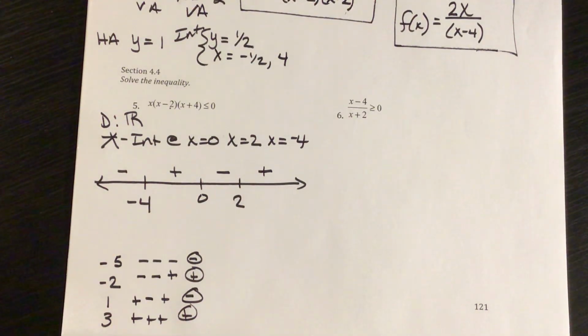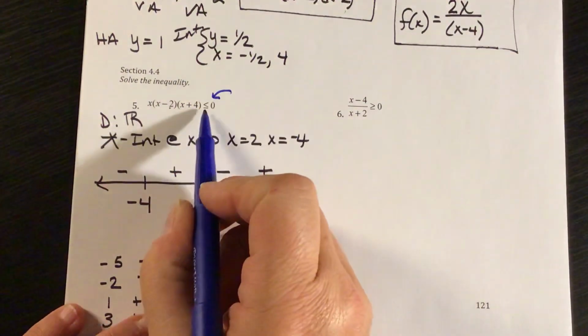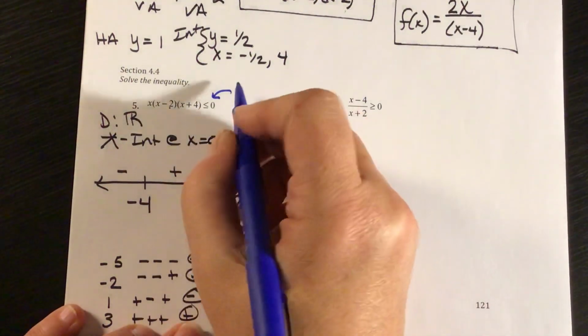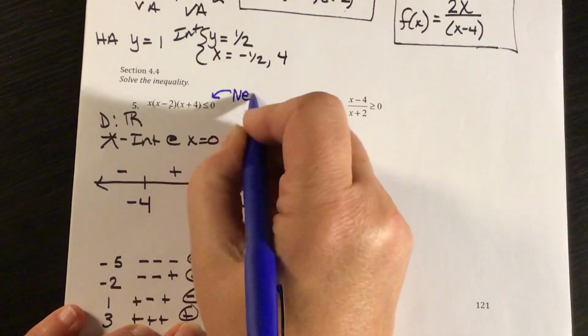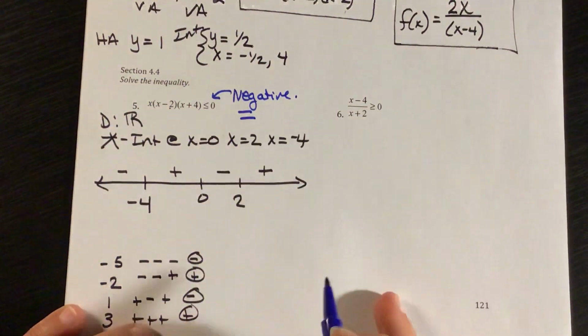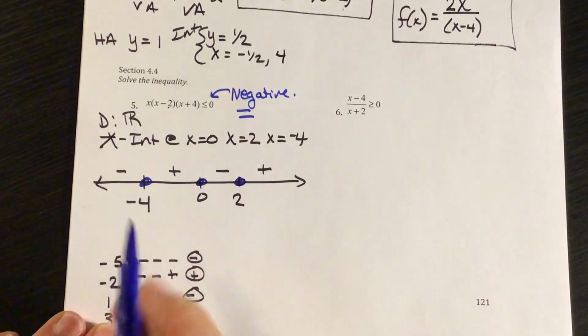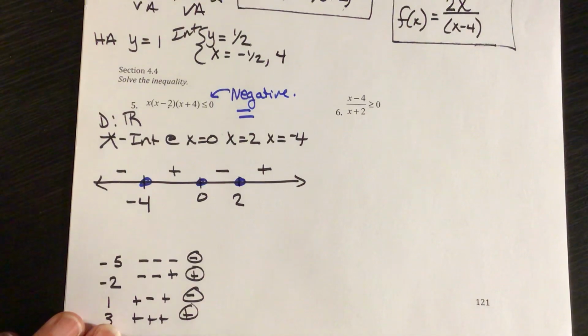So I'm looking for numbers that are less than or equal to 0. So those are negative. And it could also equal. So at our intercepts here, we can also include those points in our solution set.